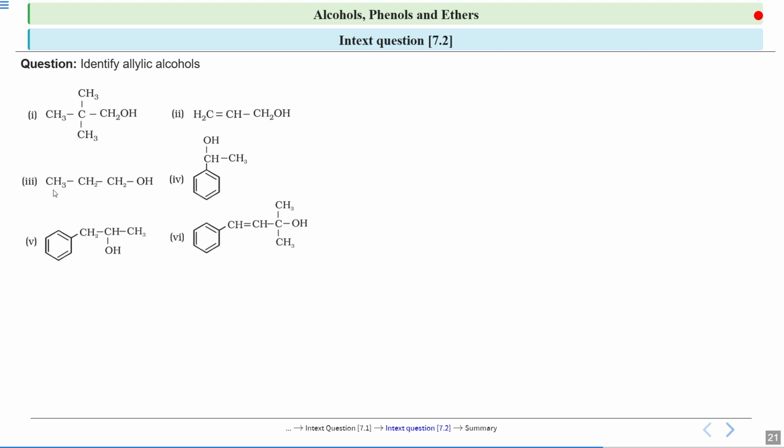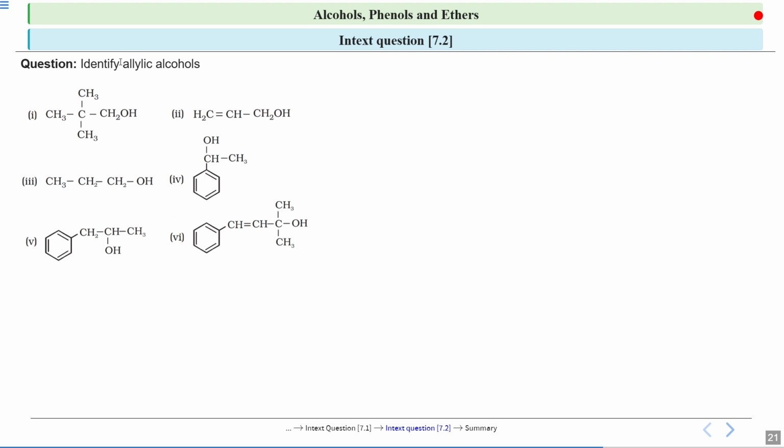Third is CH3, CH2, CH2OH. Fourth, benzene ring attached to CHOH, CH3. Fifth, benzene ring attached to CH2, CHOH, CH3. And the sixth part, the benzene ring is attached to CH double bond CH, CH3, CH3OH. So these are the six different structures or alcohols given.